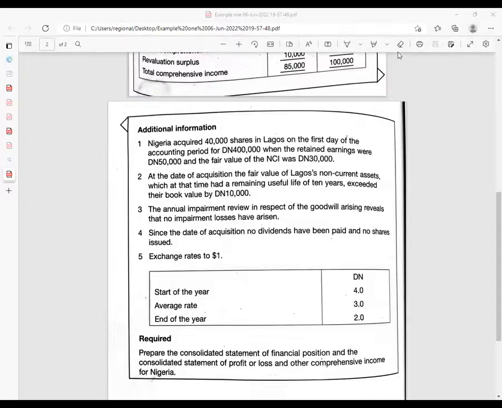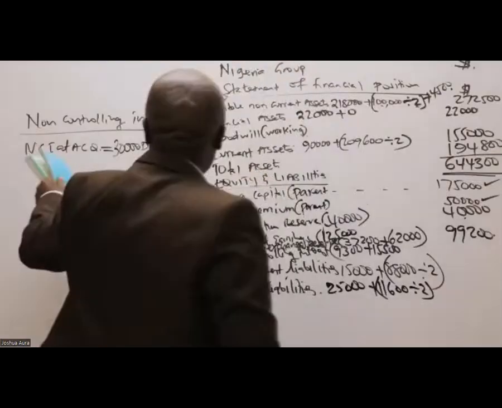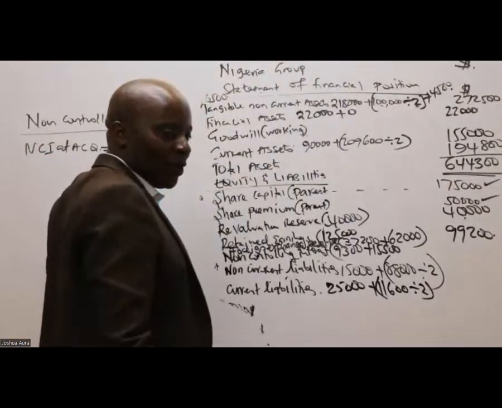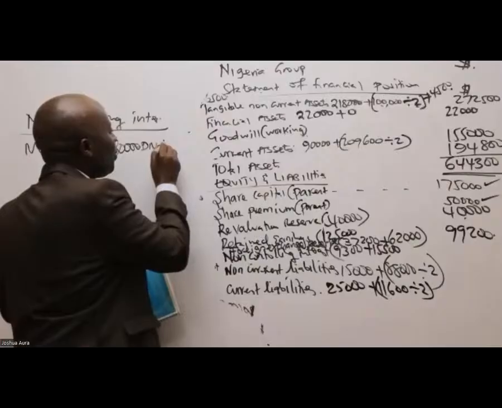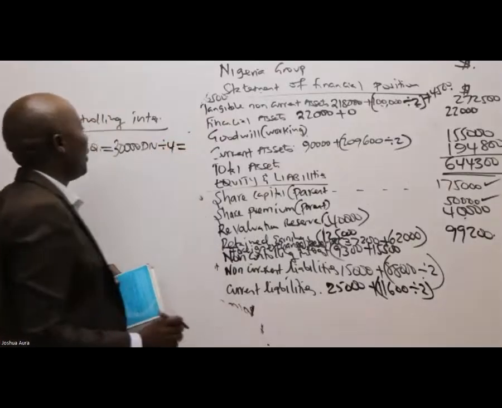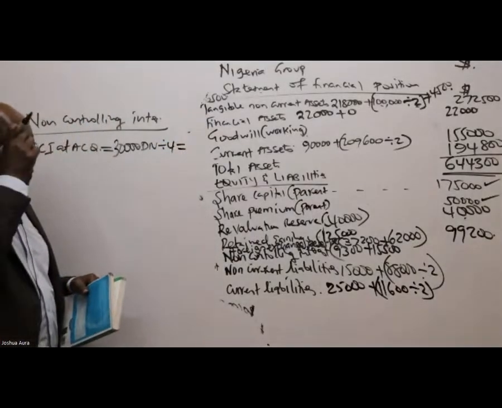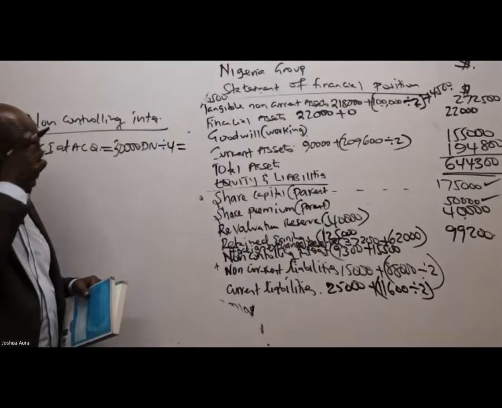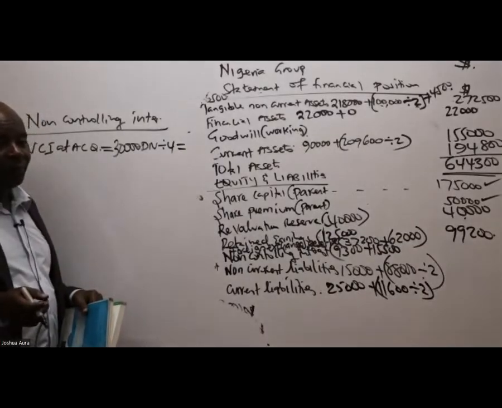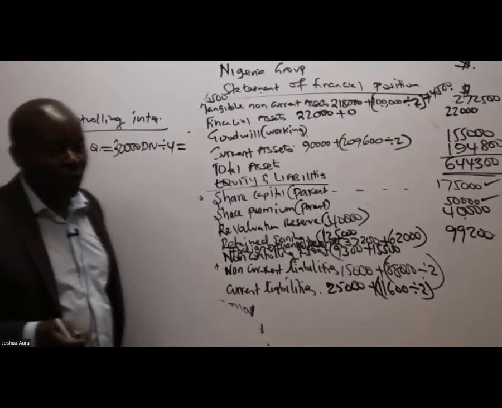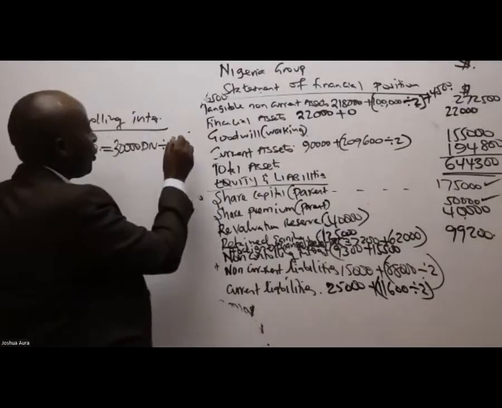Because you can see we are saying NCI at acquisition at 4. So divide this with 4. Could you kindly give me this figure? Yes, 7,500. Thank you very much.